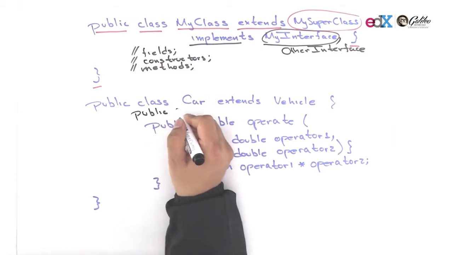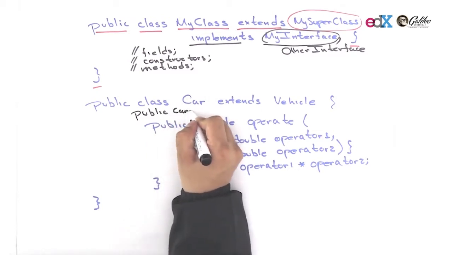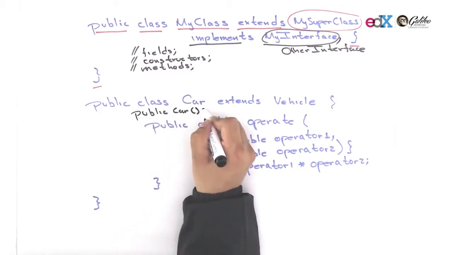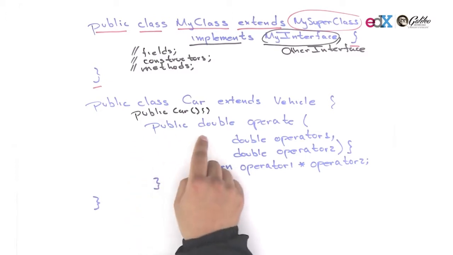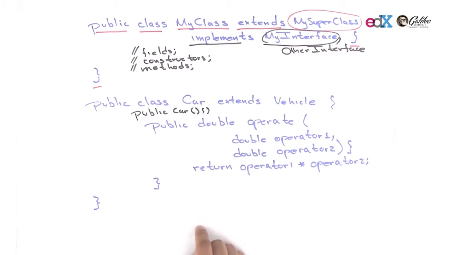Okay, to have a car object, it is necessary to implement this class and create an instance of it. With a car object, we can use the method operate. You can see that this method is being declared using the keyword public and with a return type double.